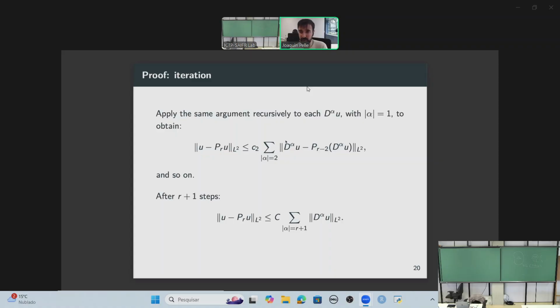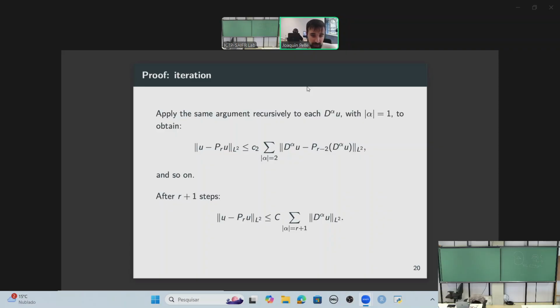We can continue to apply this recursively, and after R+1 steps, what we're going to have essentially is that this projection will disappear, because we are going to get degree 0, and so we are going to be projecting onto things of degree 0, so that will be 0.